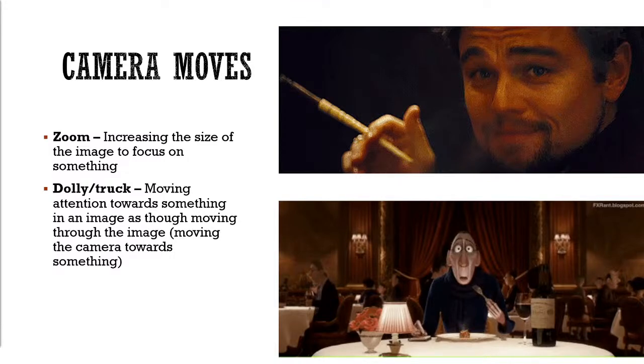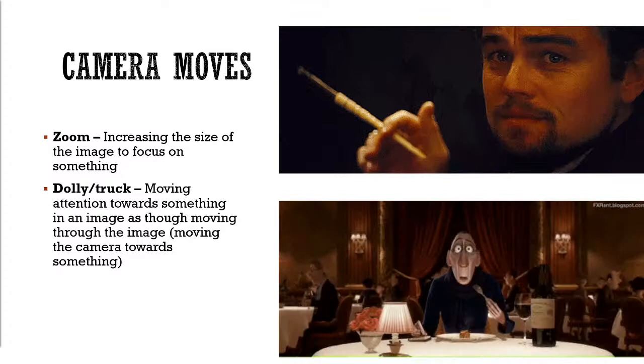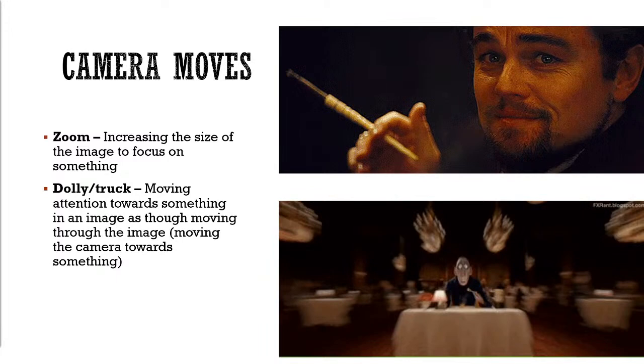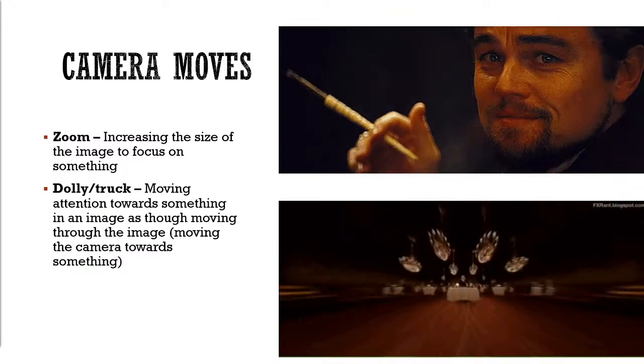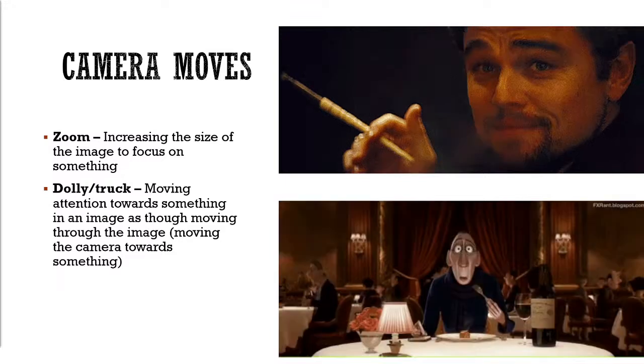To dolly or truck is to physically move the camera towards the subject such that other things in the scene would position and shift according to perspective. And that's why it's called dollying or trucking, because you are putting the camera on a dolly and physically moving it, as opposed to just zooming in with the camera's zoom function.